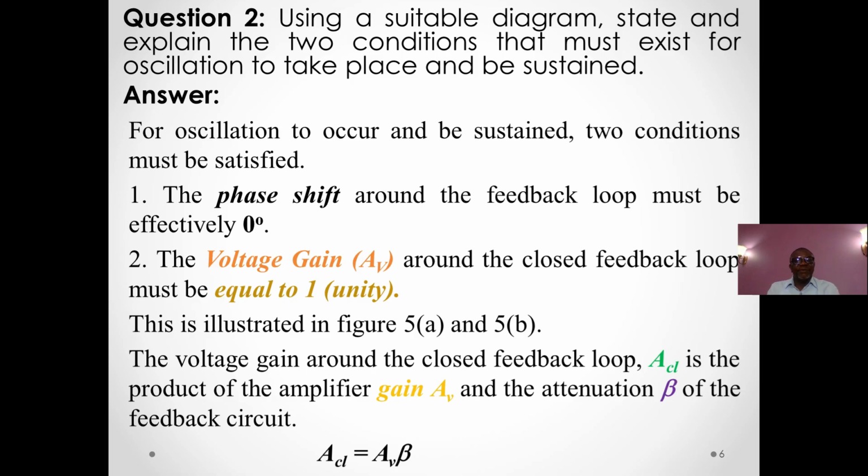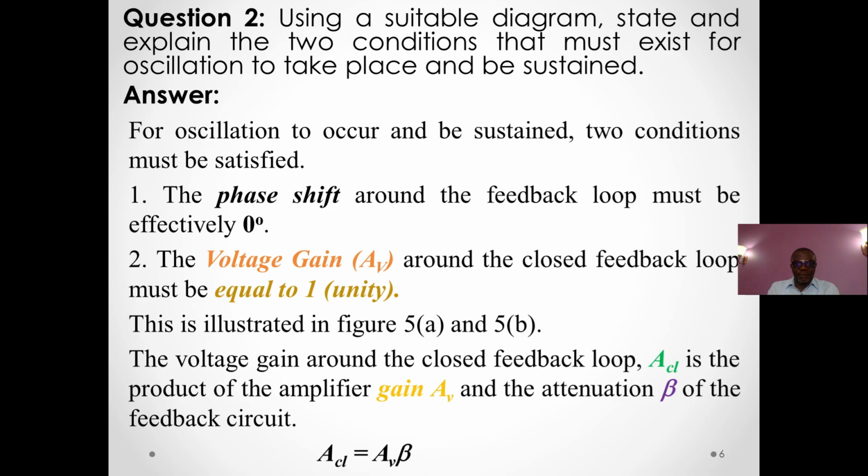But here, the voltage gain around the closed feedback loop, which is denoted as A subscript CL, is the product of the amplifier gain, AV, and the attenuation of the feedback circuit, beta.